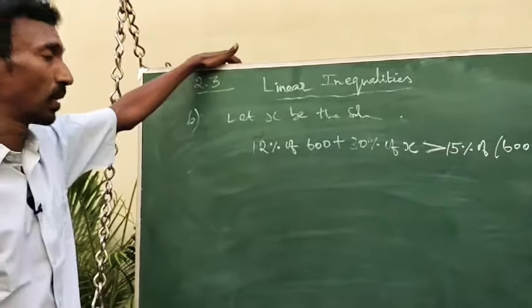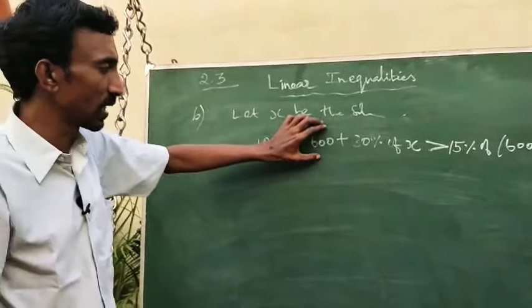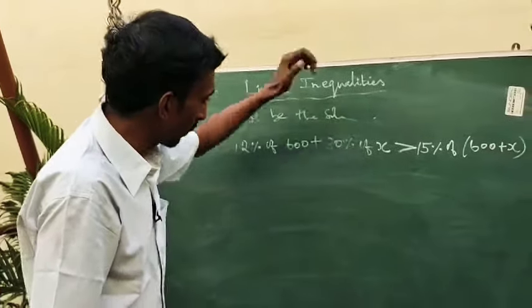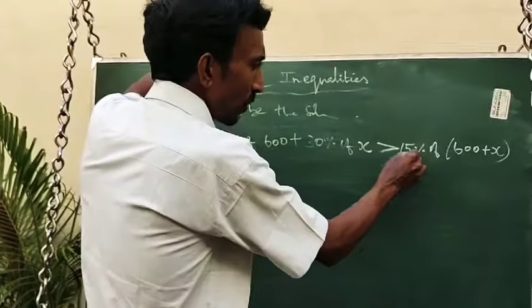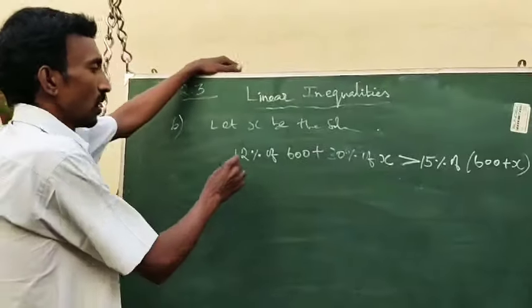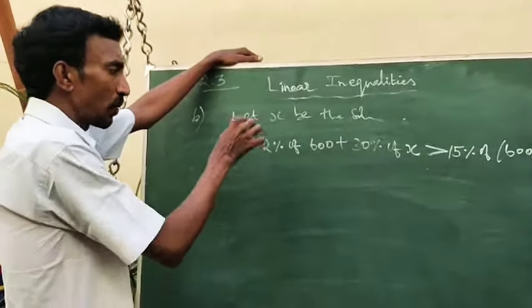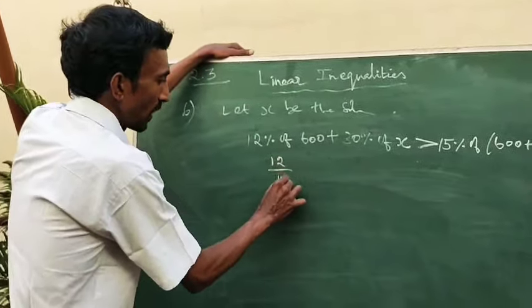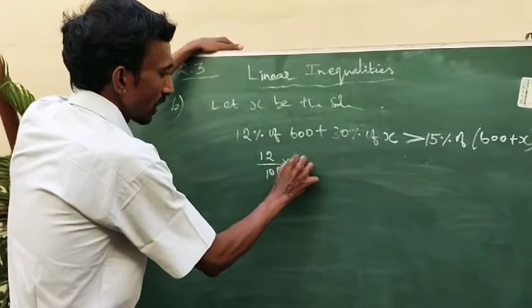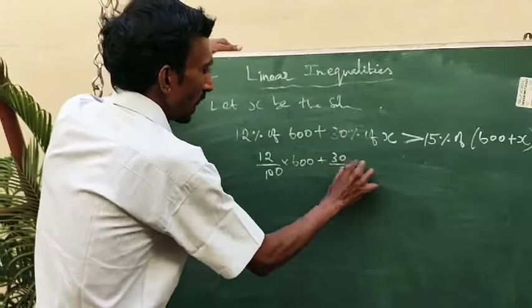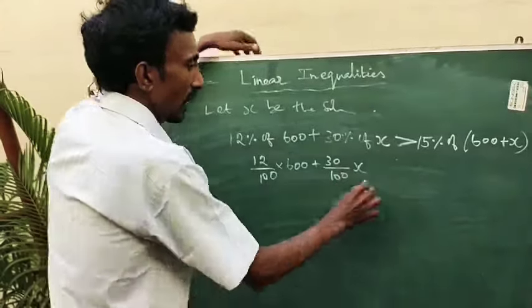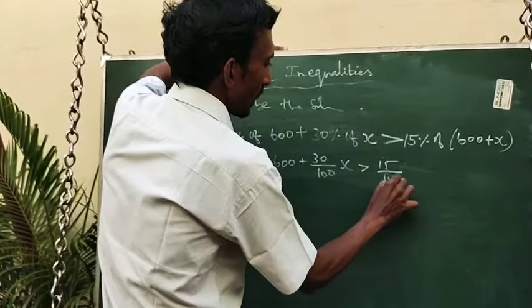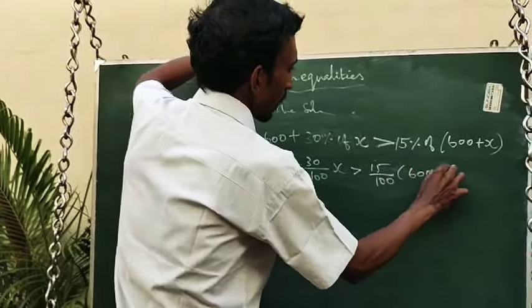So we have to understand the meaning. 12% of 600 plus 30% of x is greater than 50% of both. 12% means it is by 100. So 12 by 100 into 600 plus 30 by 100 into x is greater than 50 by 100 into 600 plus x.